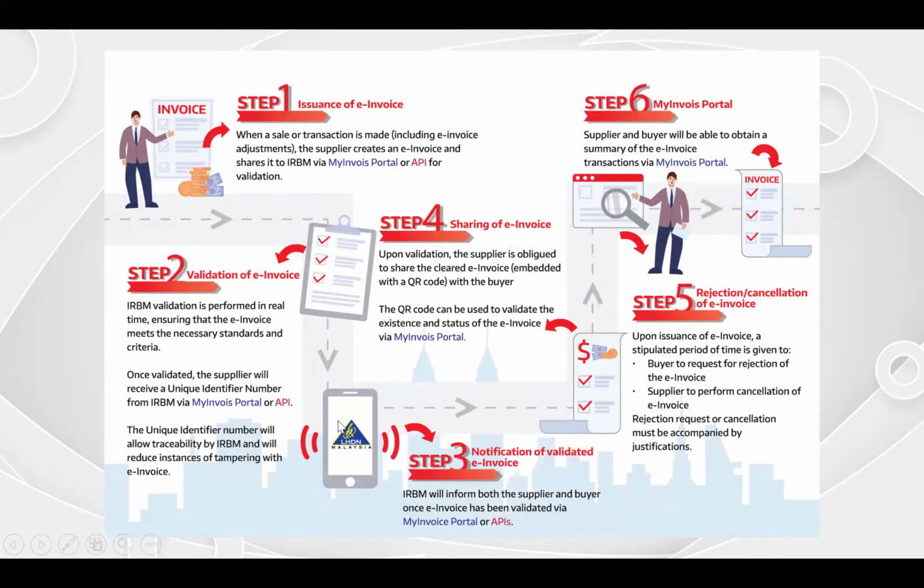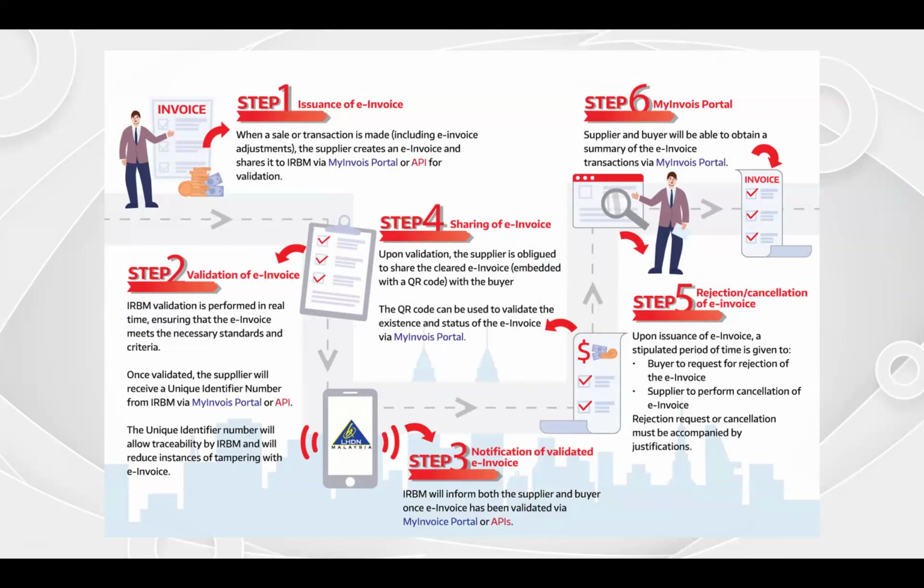The second step is you submit your invoice to the MyInvoice Portal, then the portal will validate your invoice. Each validated invoice will have a unique identifier number and also a QR code.